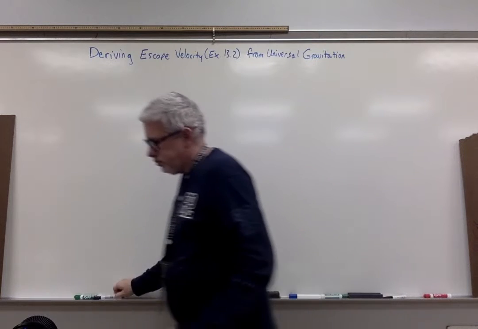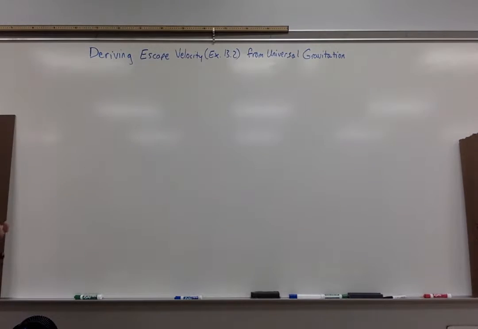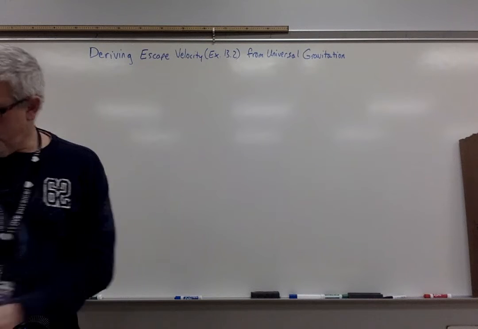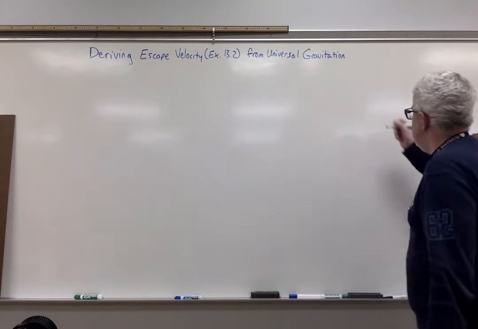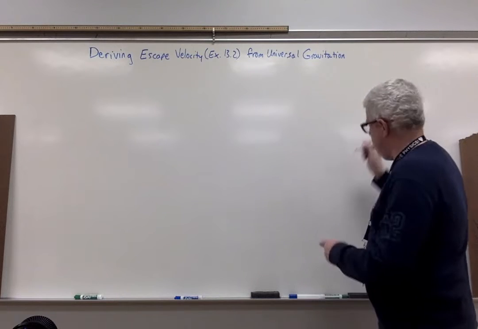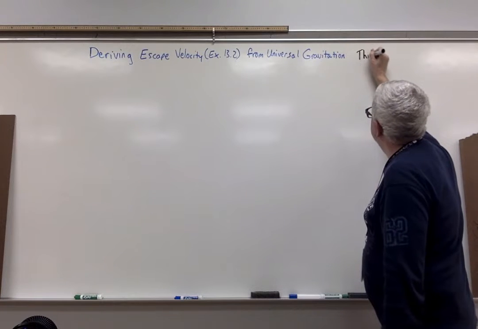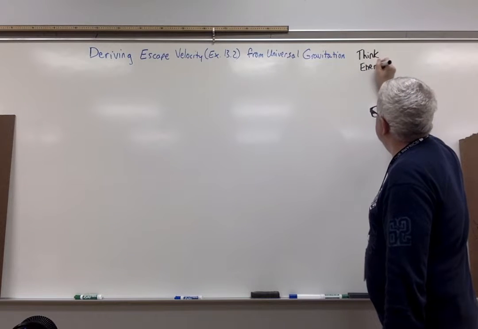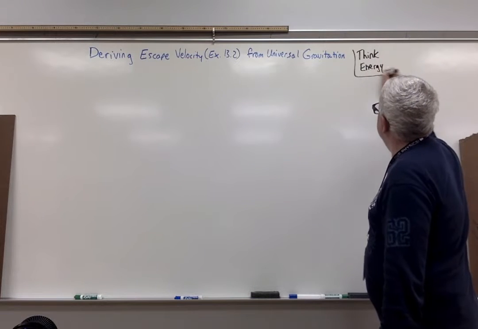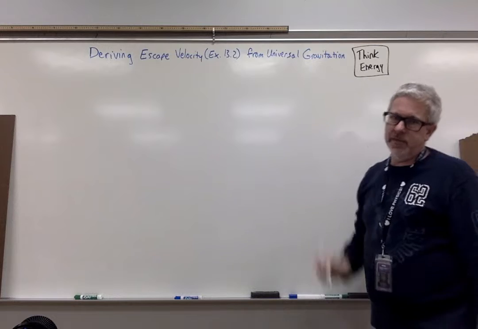So the first thing I'm going to say is we are going to think about the fact that this is an energy problem. So think energy. Well, what is an escape velocity?